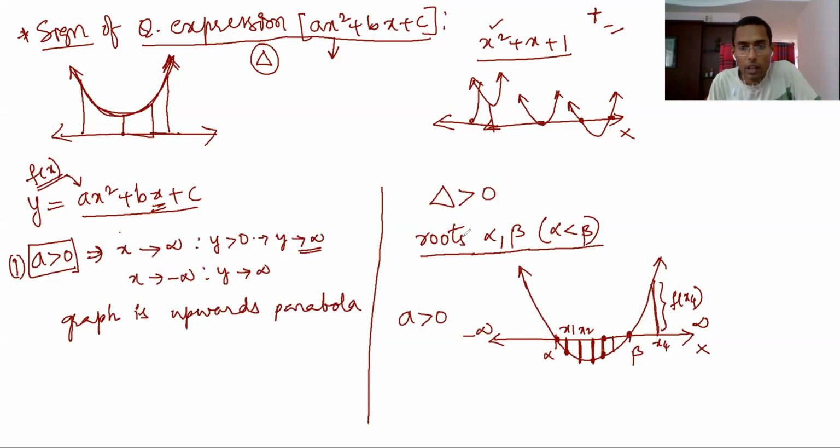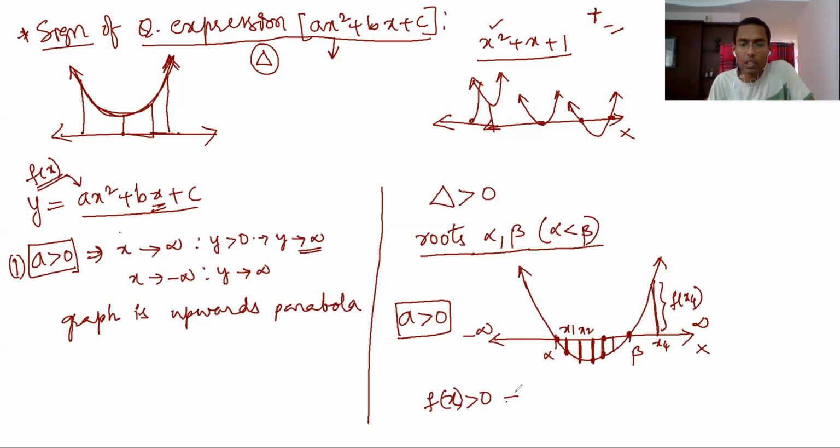That means when delta is greater than 0 and a is greater than 0, what you can see is, sorry, f of x is greater than 0. F of x means this is y or f of x.